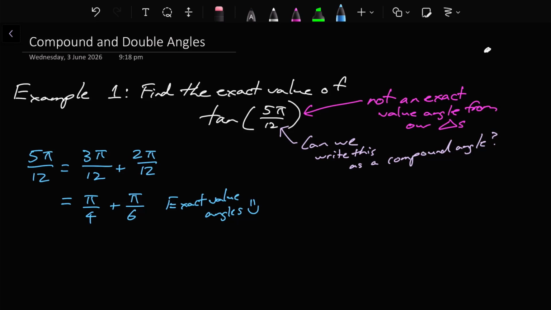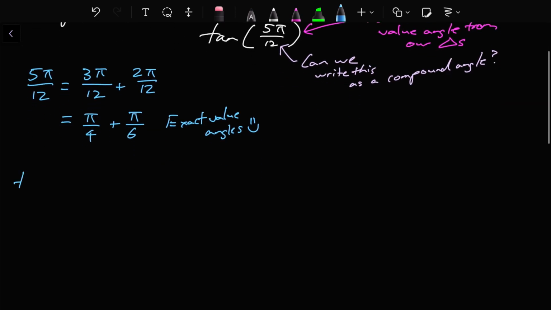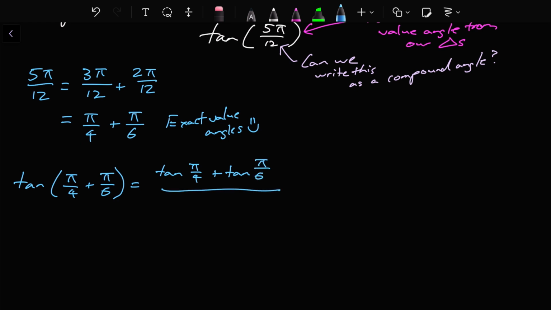Now we can just apply the tan compound angle formula and we can work from there. So our tan compound angle formula says tan of pi on 4 plus pi on 6 is equal to tan of pi on 4 plus tan of pi on 6 divided by 1 minus those two things getting multiplied together.